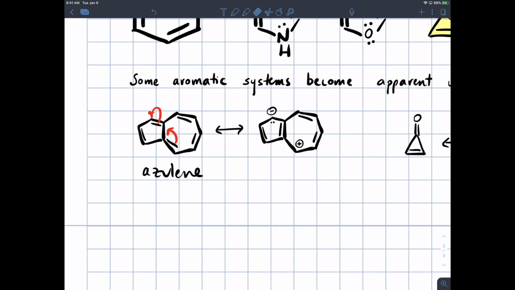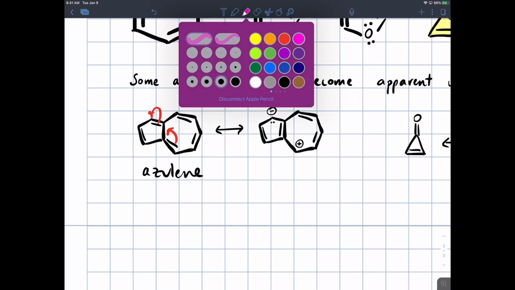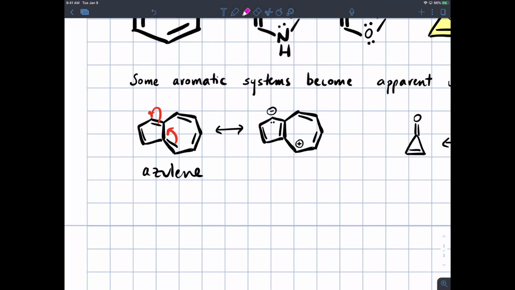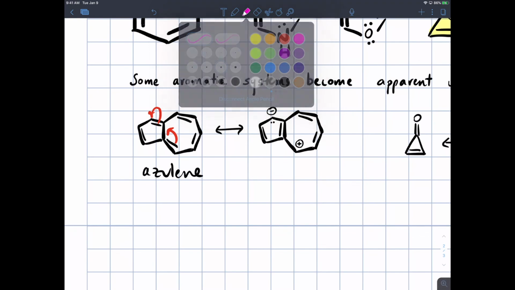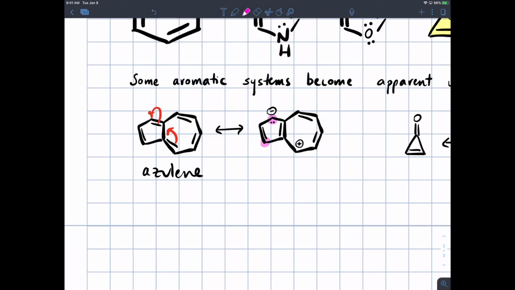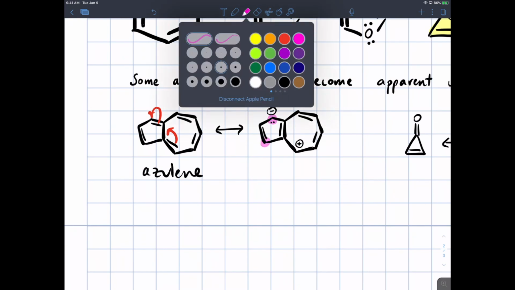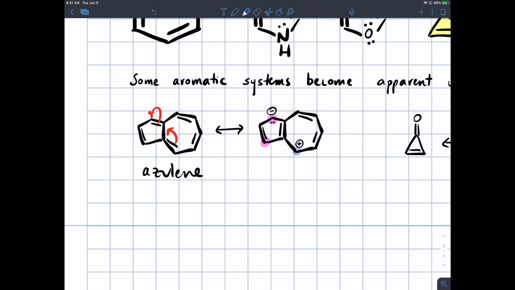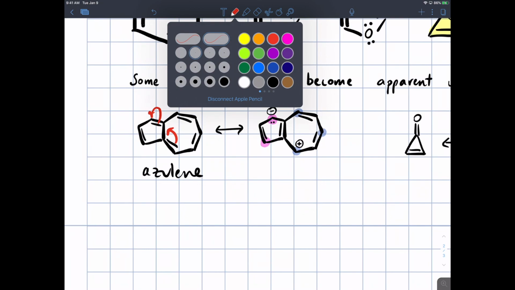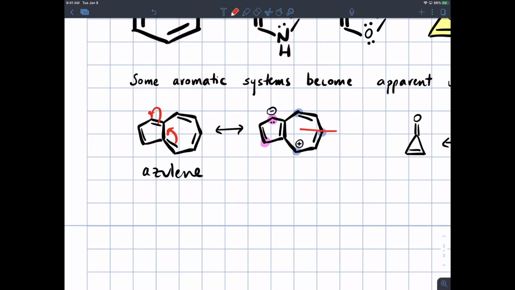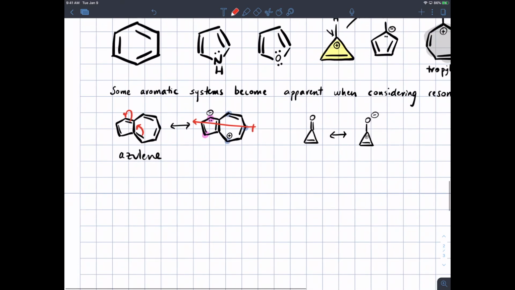The negative charge can be here or there. The positive charge can be here, here, or here. It turns out, you can look it up, this molecule has a permanent dipole. And it's called azulene because it's blue.